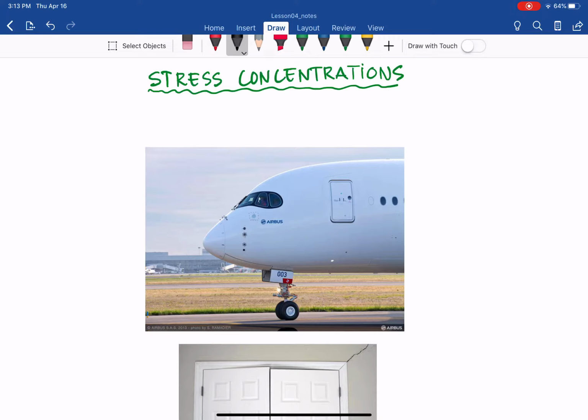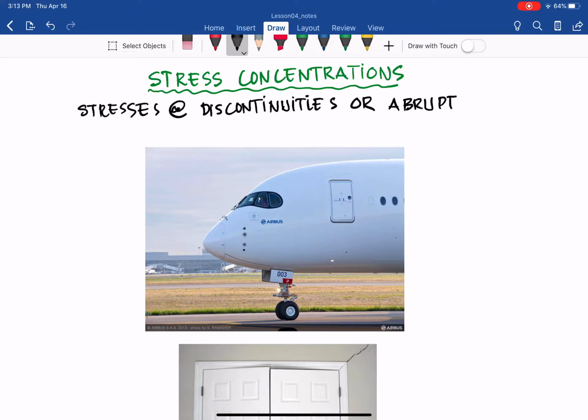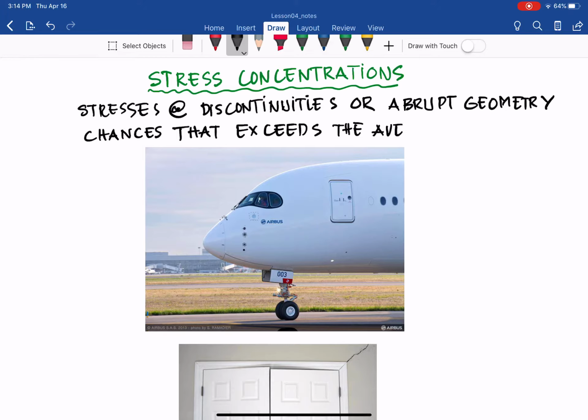So stress concentration, basically, is stresses at discontinuities, just like window, door, etc., or abrupt geometry changes, just like from the big size and then go to smaller, that is a geometry change that exceed the average stress.